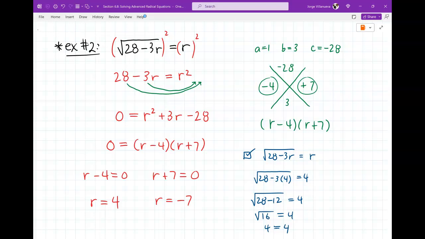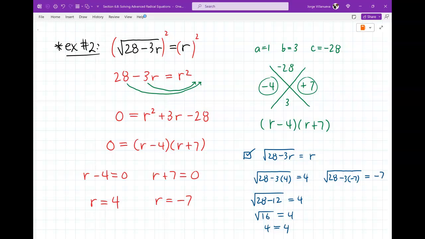Now let's plug in the other one. Plugging in a negative 7. So the square root of 28 minus 3 times negative 7 is equal to negative 7.